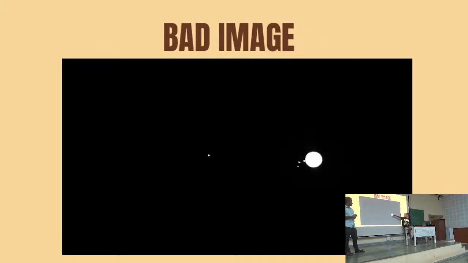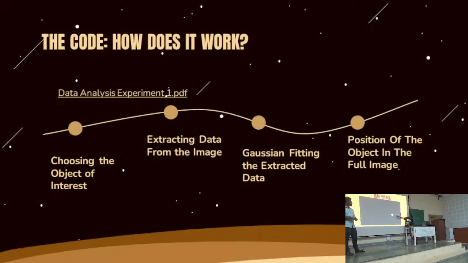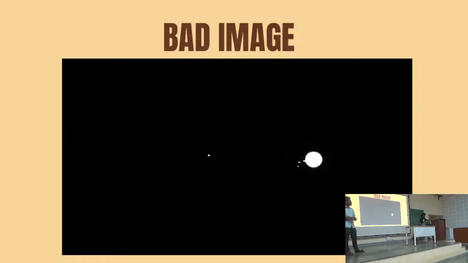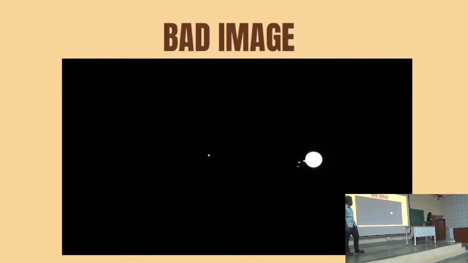We have to find the center of the moon and track where that center goes throughout the motion. But if it is out of focus, then we don't have a circle, and it will be difficult for us to work on the data. Then there's this one here. It's not fully formed, not even a circle, it's a weird shape.